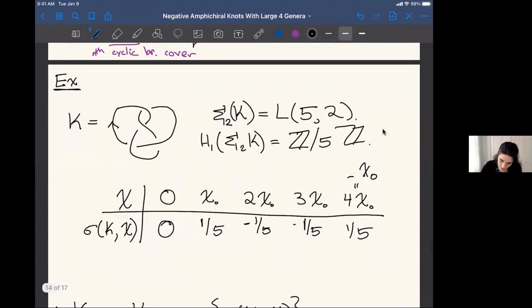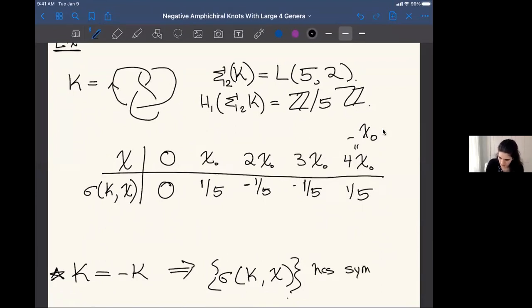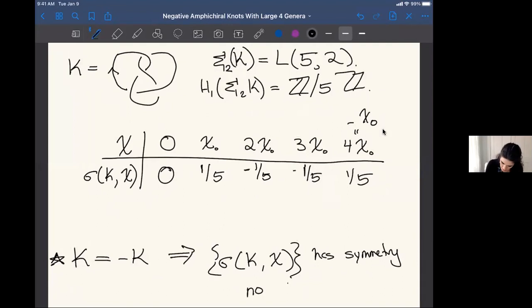The key takeaway from this is not these precise numbers, but just what I said before, that being a negative amphichiral knot just implies that the set of Casson-Gordon signatures has some interesting symmetry. Not that all are 0. Or in fact, it doesn't imply that any of them have to be 0. And so that gives you a little bit of leverage here.